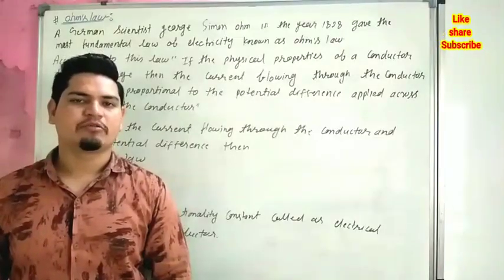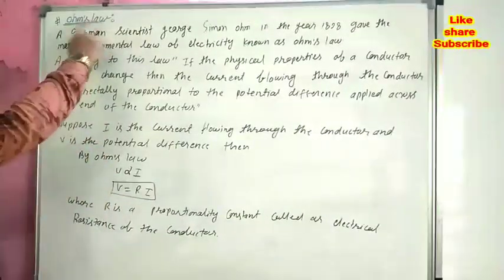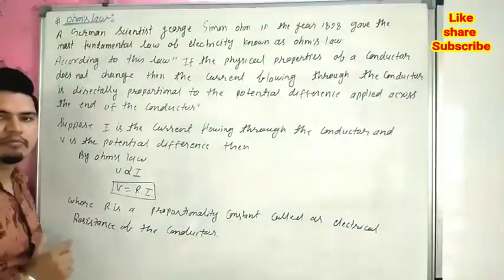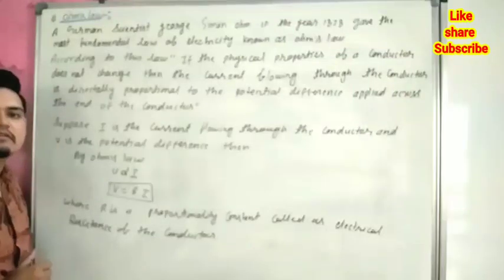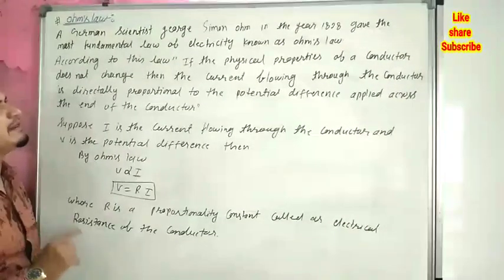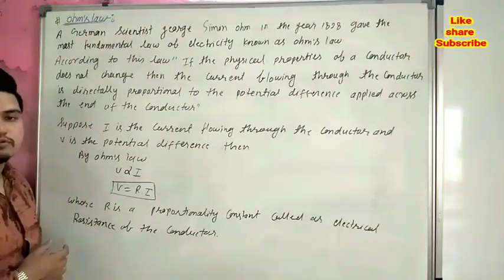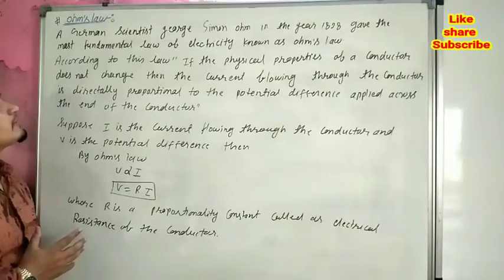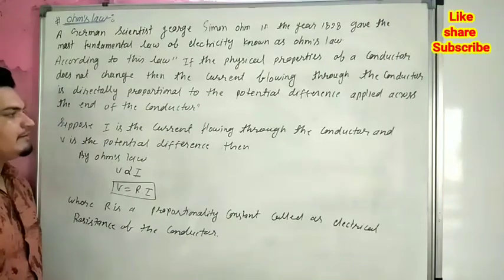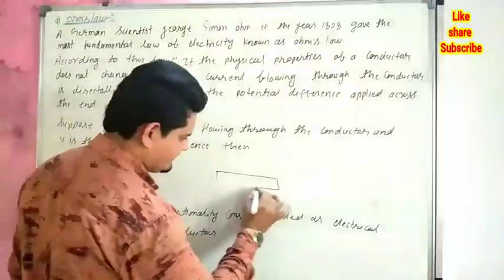Now our next topic is Ohm's law. Ohm's law is one of the most important topics. You already studied it in 10th class, and now you have to study it again in 12th class. So what is Ohm's law? We know that this is the conductor.